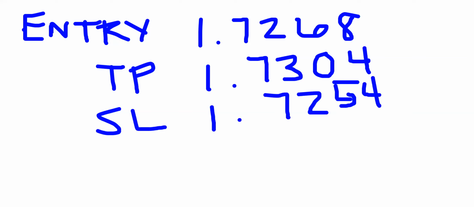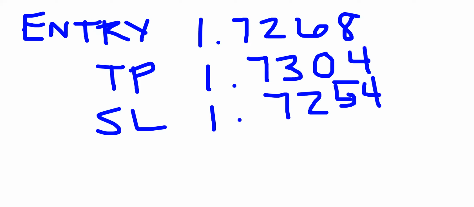Okay, so based off of just this information, can somebody tell me if this signal is a buy or a sell? And why? Okay, I'm seeing both buys and sells, but I see Erica gave me what I was looking for.